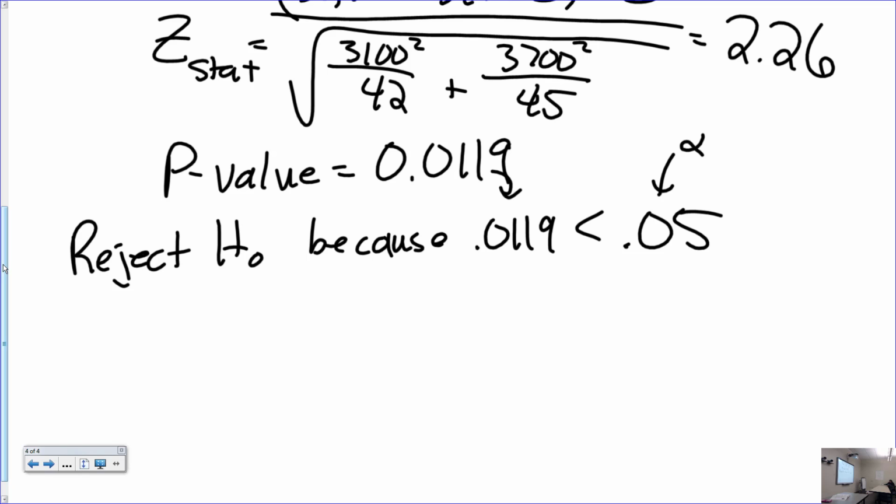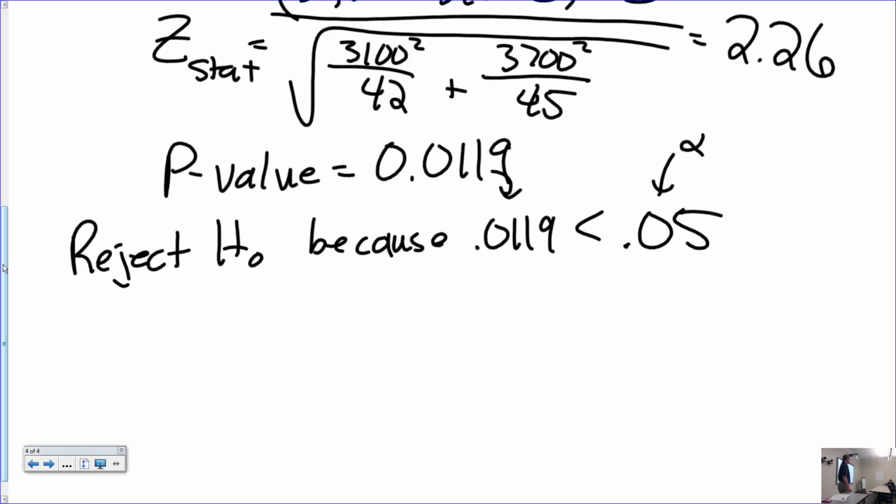And again, you could have used the same z-critical value, since this was the same level of confidence or the same level of significance. Our z-critical was 1.645. Our z-score of 2.26 is greater than 1.645. We would be able to reject using that analysis just the same. All right?